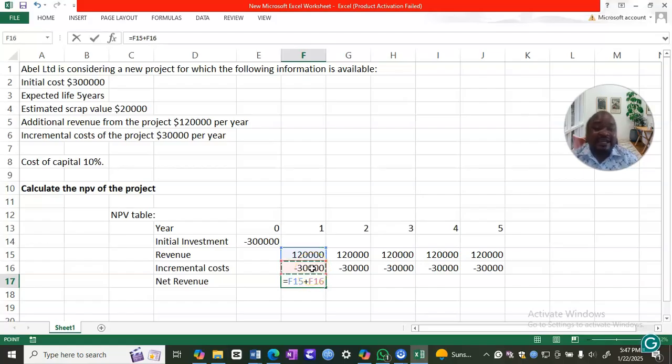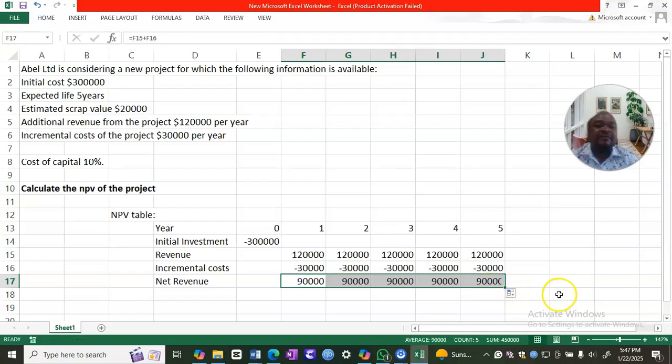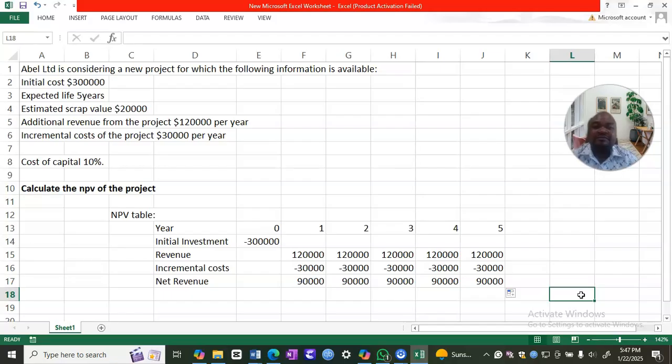Excel knows that you are adding a positive and a negative, so it will automatically separate. The answer will be 90,000. So you copy everything, the formula will be copied there, and you get your 90,000, 90,000, 90,000.